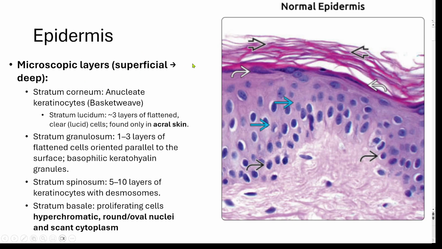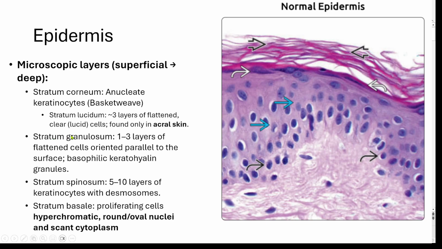You can find the corneal layer, which is made of anucleated keratinocytes with a basket weave pattern. Then there is the stratum lucidum, which is difficult to see, and is usually in the acral skin to make it thicker.